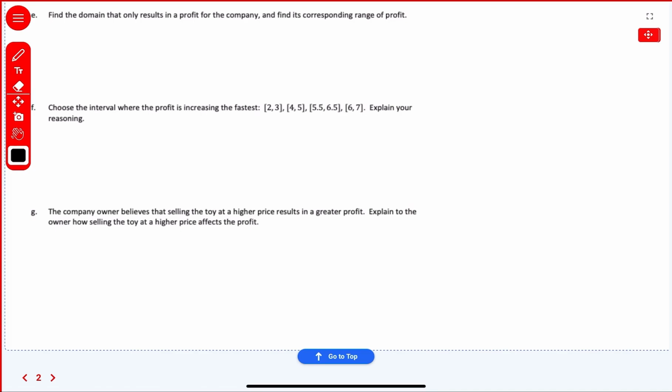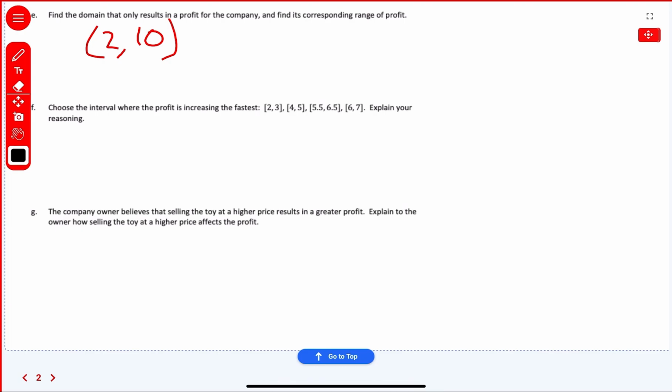So you're not making any money after 6? No. You're not losing money. You're not making as much money. When it's below the X is when you're not making any money. So we could write that as 2 to 10, right? And find the corresponding range. What would the range be then?